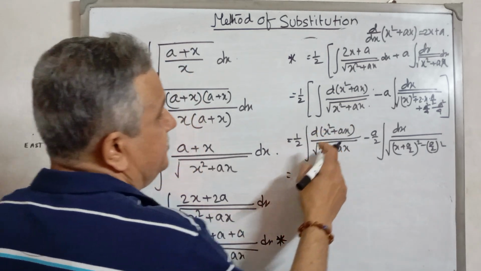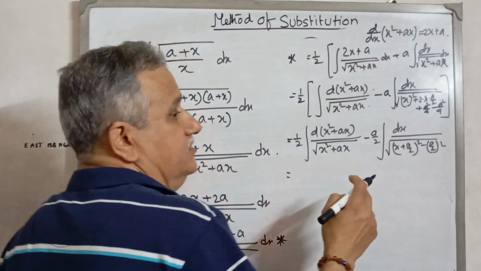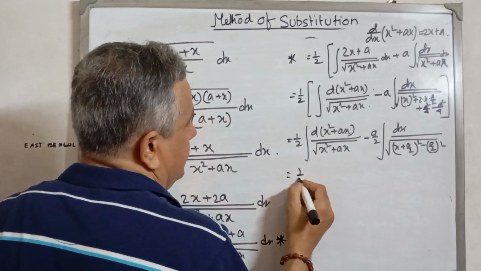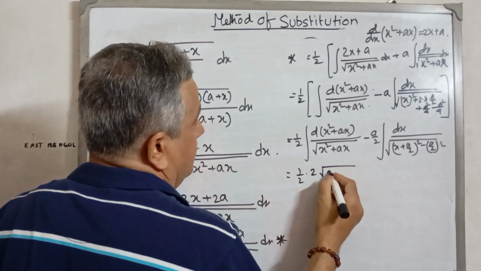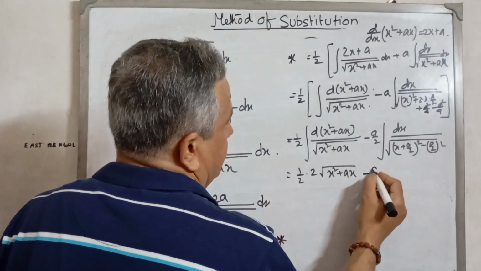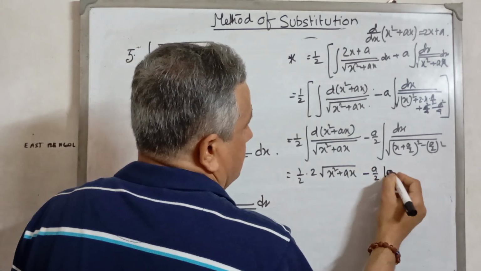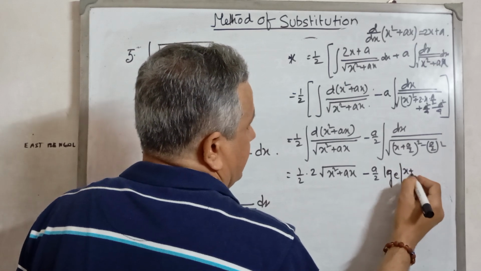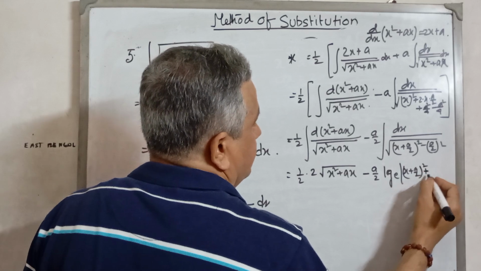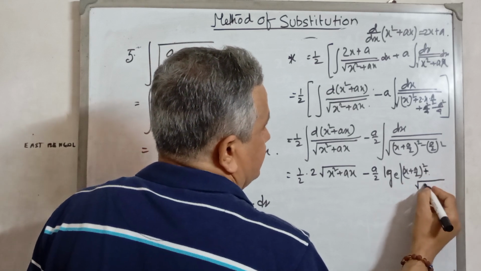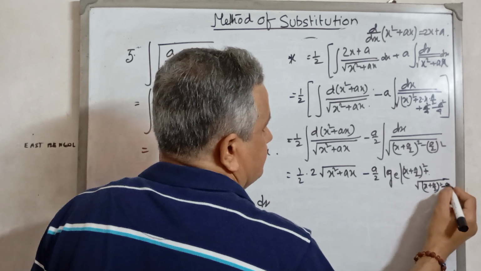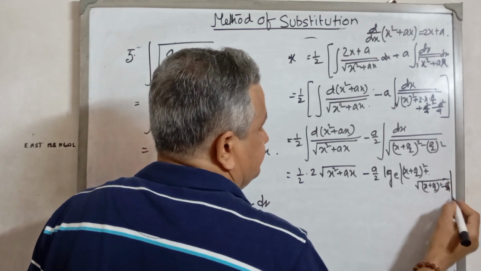Now using the formula for dx by root x. What is dx by root x? Integration dx by root x is 1 by half, 2 root over x square plus ax. And this becomes log x plus root over x square minus a square plus c.